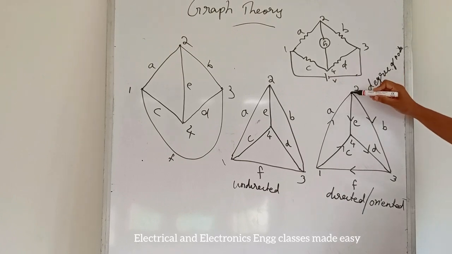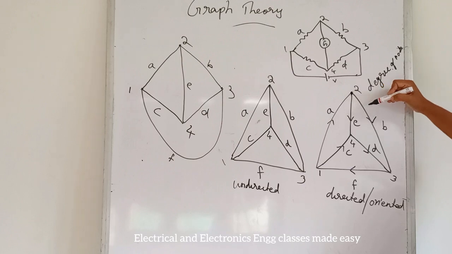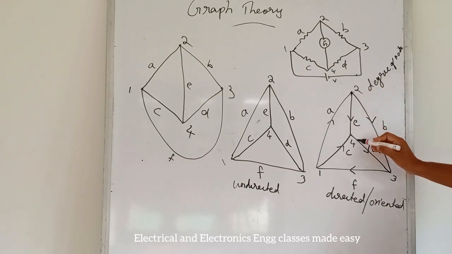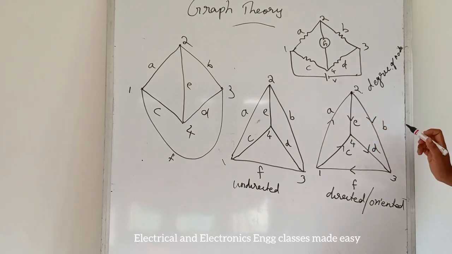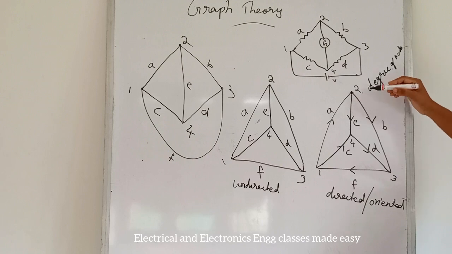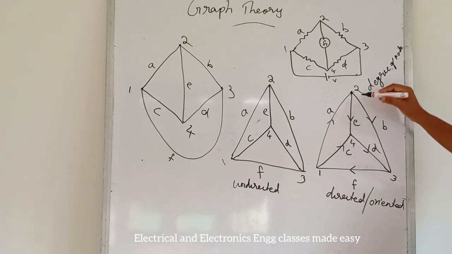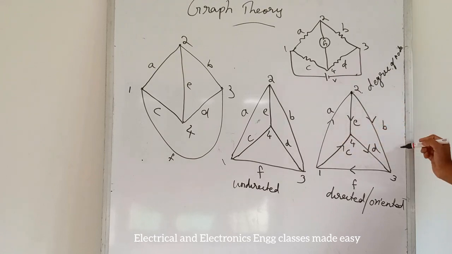For example, this node 2 has 3 branches incident at this node. So the degree of node 2 is 3. Similarly, degree of node 4 is also 3. And a graph is connected if and only if there is a path between every pair of nodes.